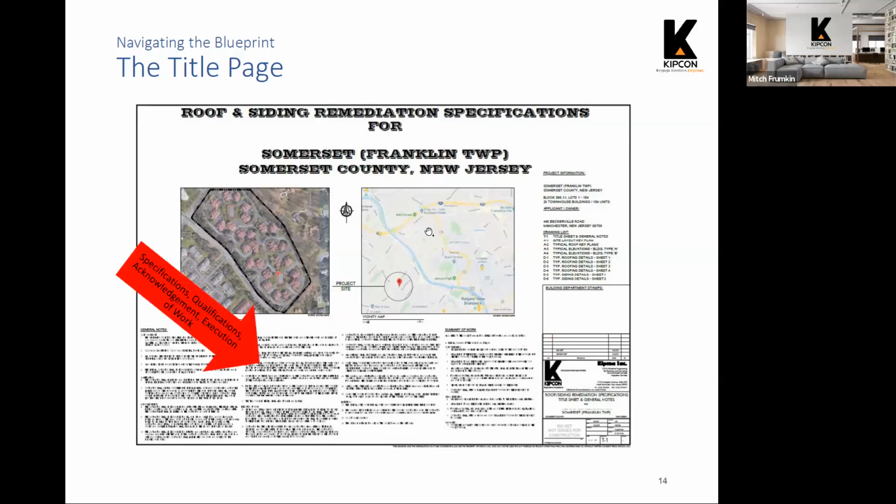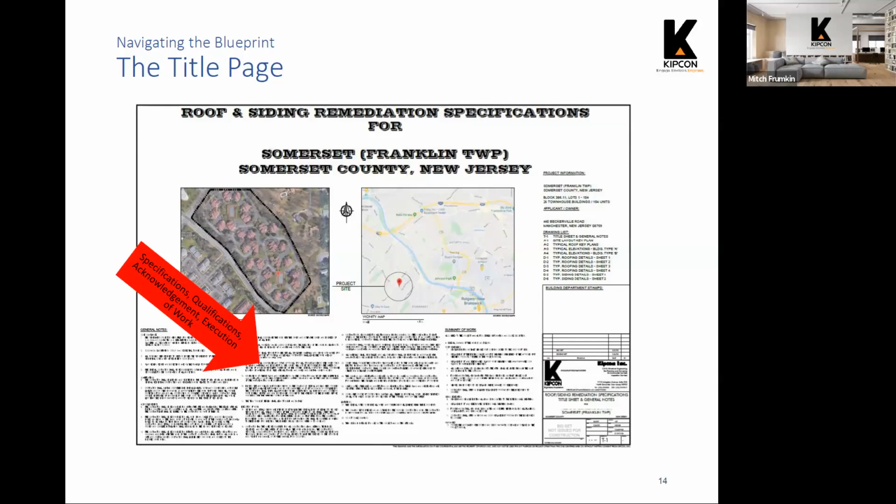Also included, again, typically on the cover sheet, it may be elsewhere in the plan set, but more often than not, I should say, you will see them on the cover sheet, are general notes specific to the work. So it may comment on the qualifications of the contractor. What type of contractor is qualified to construct what is shown in the design plans?